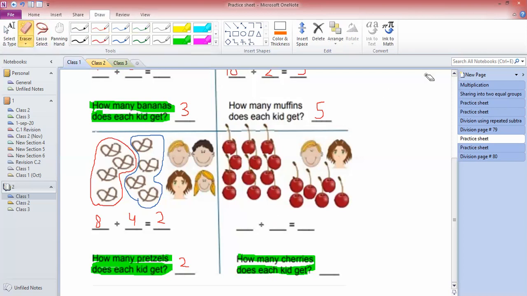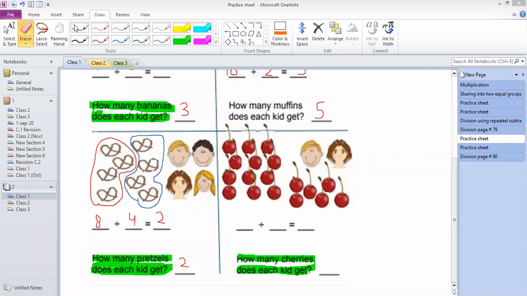How many total cherries are there? Yes, sir. How many total cherries are there? Count and tell me.